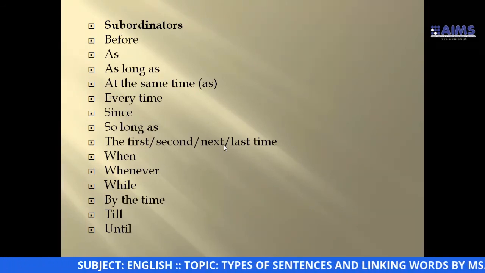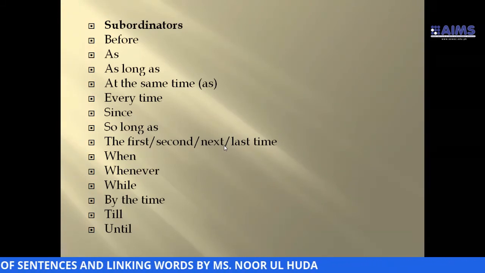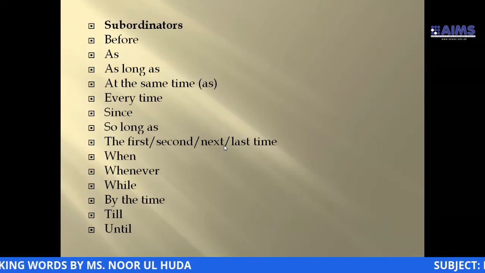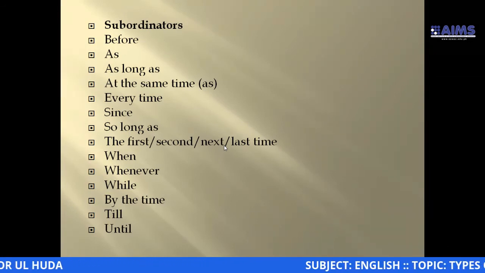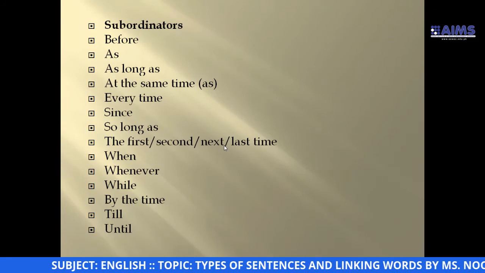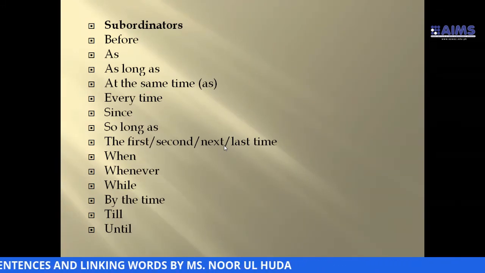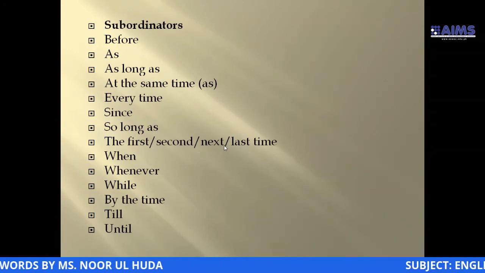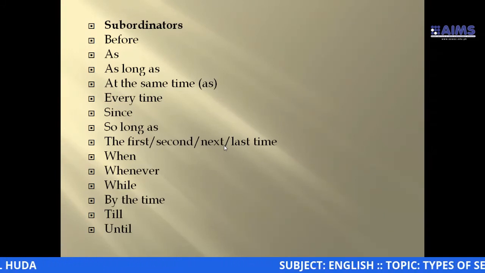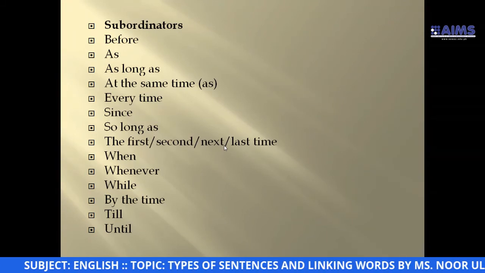When we talk about complex sentences or compound-complex sentences, we use subordinating conjunctions, which we can also call subordinators. Here is a list of different words like before, as long as, at the same time, every time, since, so long as.